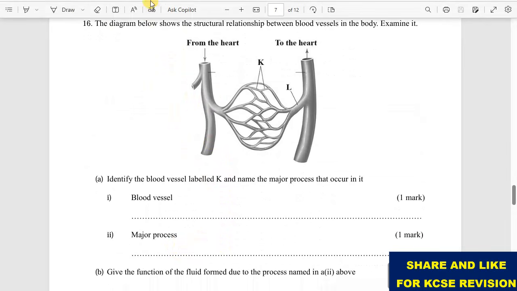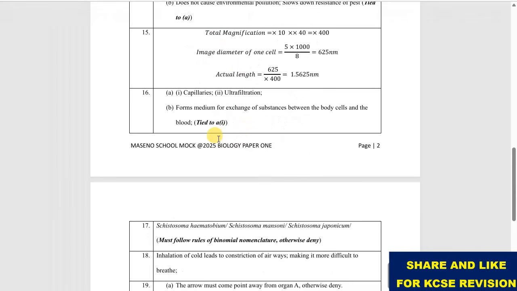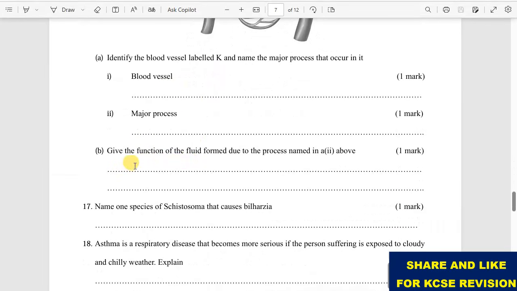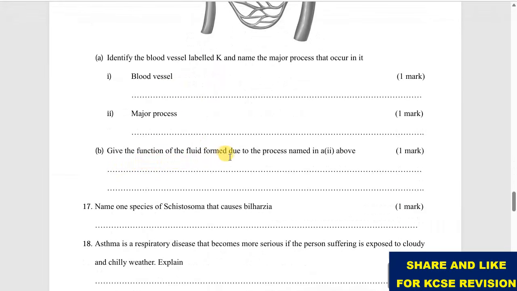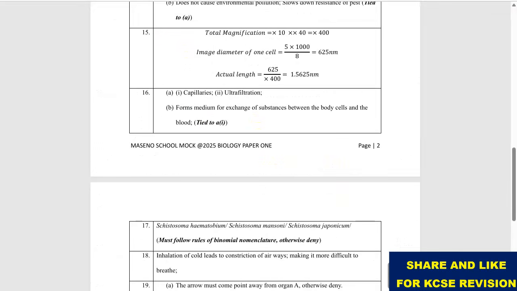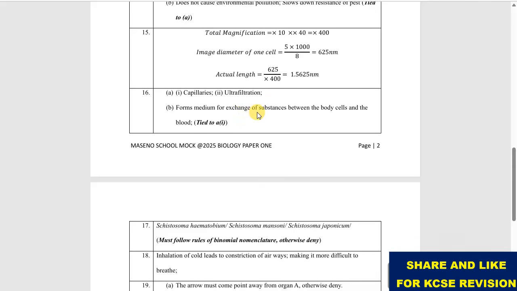The major process is called ultrafiltration. Give the function of the fluid formed due to the process named above. It forms a medium of exchange of substances between the body cells and the blood.